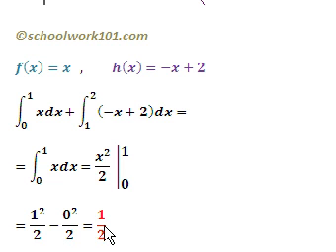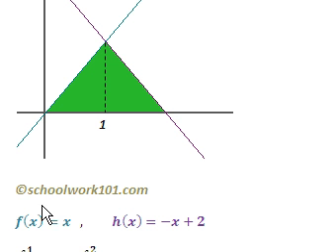And so we do that, and we end up getting 1/2. So the area under that first part, this area here, is a half square units. And by symmetry, I would almost think that this area over here should also be a half, but let's find out.